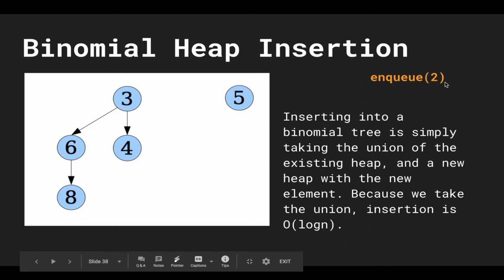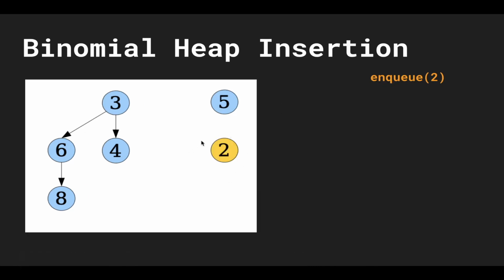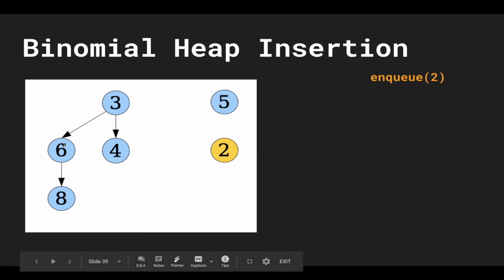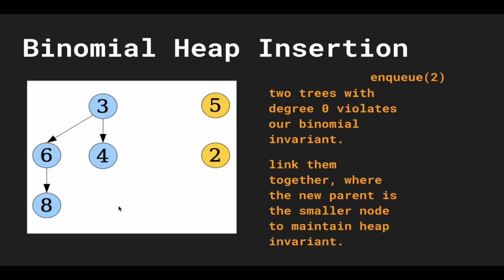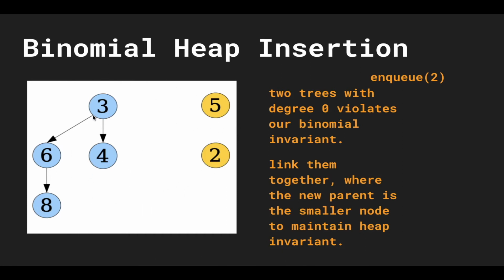So here we're going to enqueue 2. We're going to pretend this is a brand new heap with just 1 element, and then we're going to take the union of the existing heap, which is the blue nodes, and the new heap, which is the yellow node. So in the union step, we pretend that we've already performed the merge, and now we're in the consolidation phase, and we see that there's 2 trees with degree 0, which violates our binomial invariant.